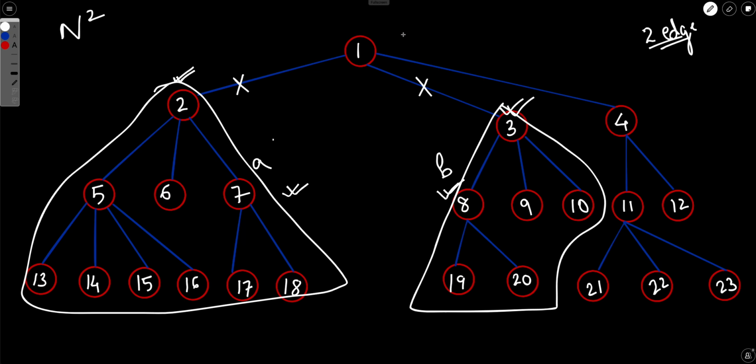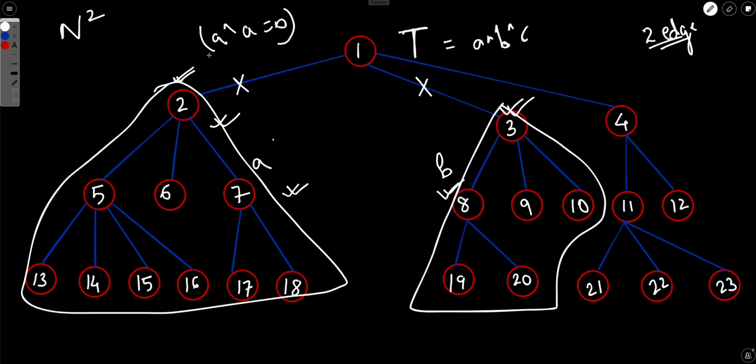We can use the property of XOR here. Let's say T is the total XOR of this entire tree, and the XOR of this entire tree would be A XOR B XOR C, right? Because A is the XOR of this particular subtree, B is the XOR of this particular subtree, and let's say C is the XOR of the remaining piece. So T would be equal to A XOR B XOR C. Now we know that A XOR A is equal to 0, right?